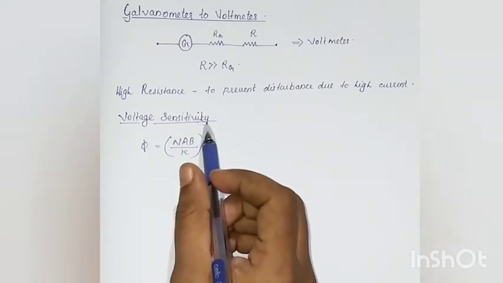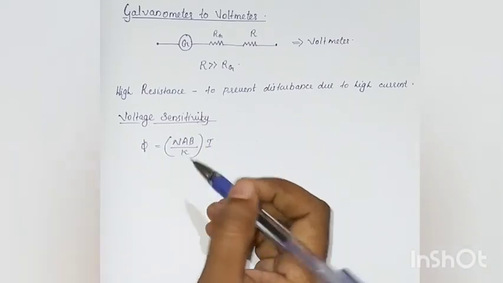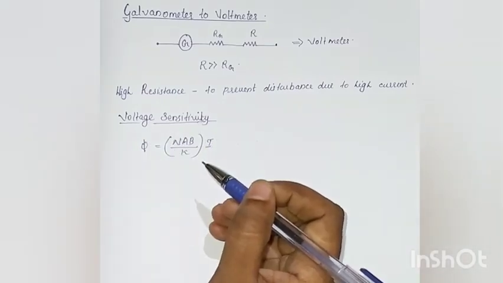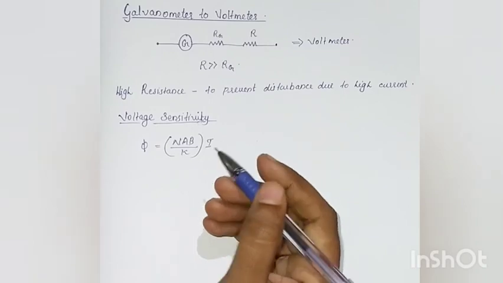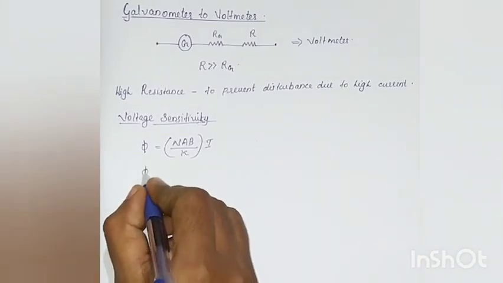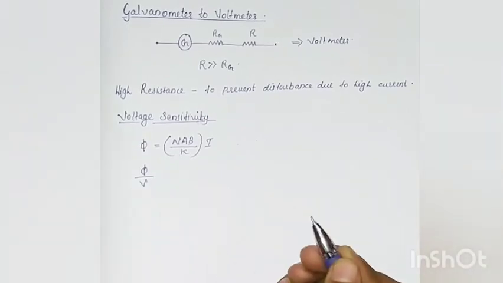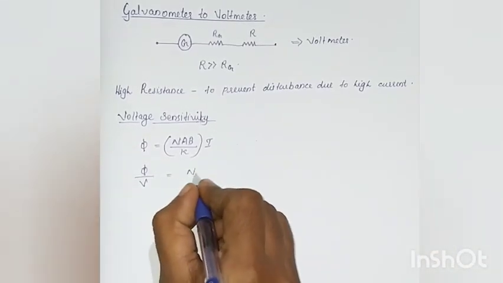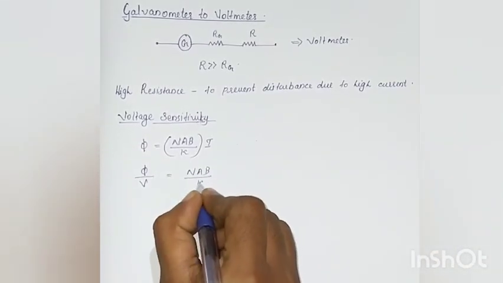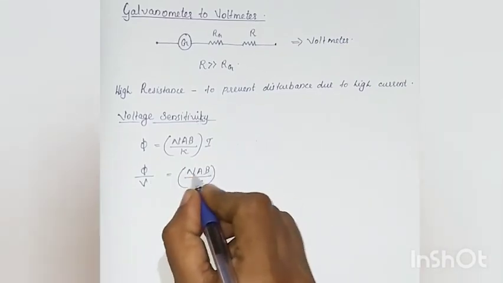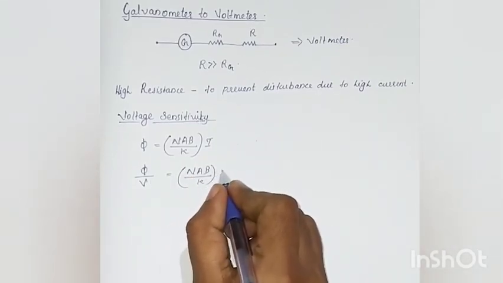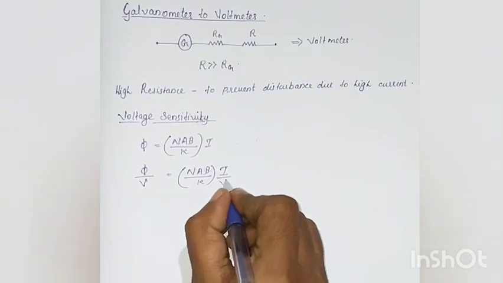That is meant by voltage sensitivity. So we are going to divide with voltage on both sides. Then our expression becomes phi by V is equal to NAB by K into I by V.